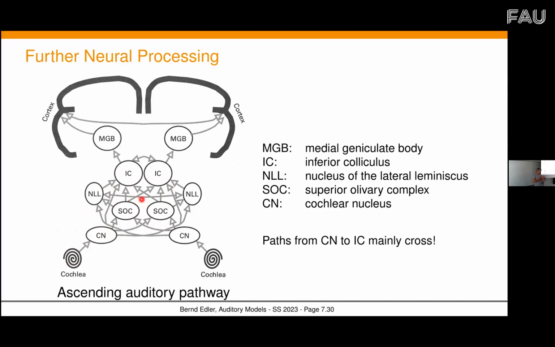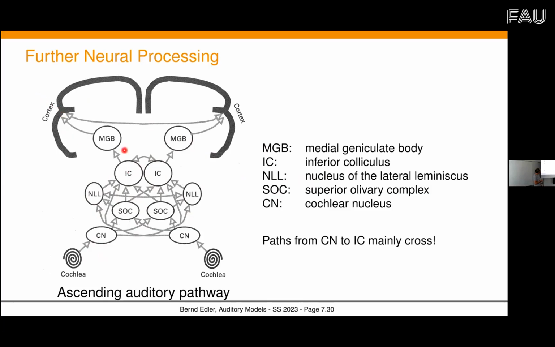And so these are the signals which are received by the cochlea, and not the other way around, like the things which could control something by these efferent nerve fibers are not shown here. Here, this is more what happens to the actual audio signal and its representation on the auditory nerve. So it's processed in these stages. The abbreviations are explained here. I don't need to name all of them.